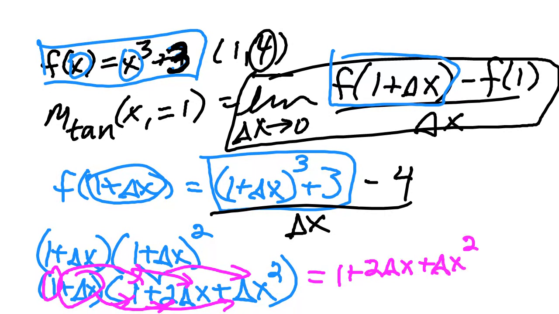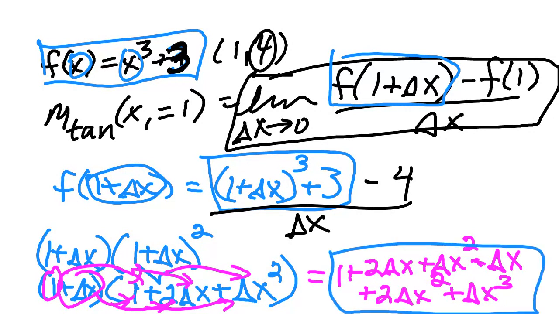And if I multiply a delta x through there, I get plus delta x, and then plus 2 delta x squared, and then plus delta x cubed. And that would be what I get inside. I used purple, but that's actually what's in the blue box. Oh, and then plus 3 though, right? That's cubed, and then plus 3 was still in there, right?